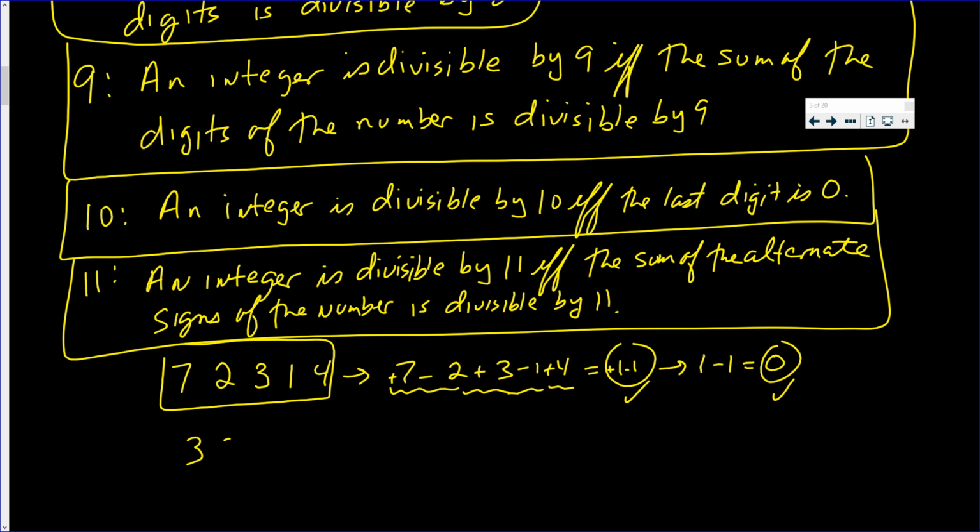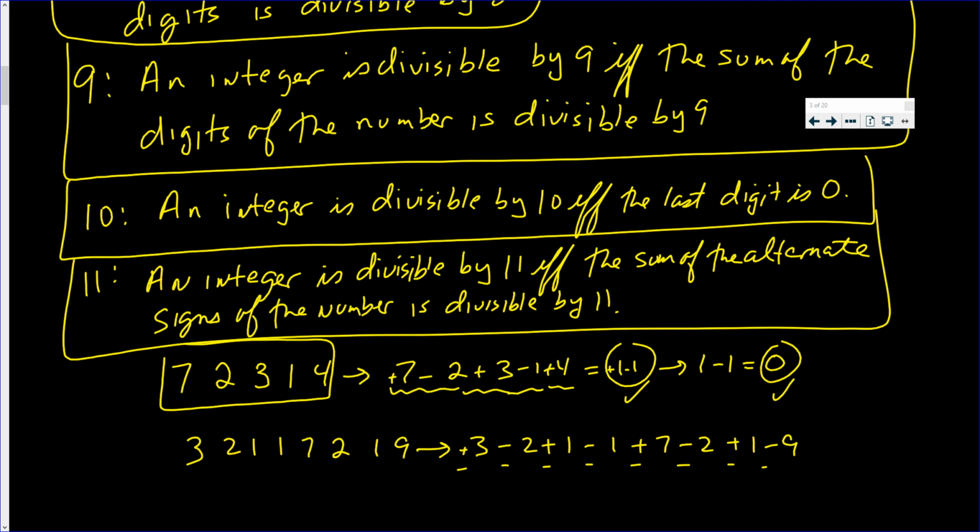If you have 3, 2, 1, 1, 7, 2, 1, 9. 3 minus 2 plus 1 minus 1 plus 7 minus 2 plus 1 minus 9. Plus minus, plus minus, plus minus, plus minus, and I wrote down all the digits.